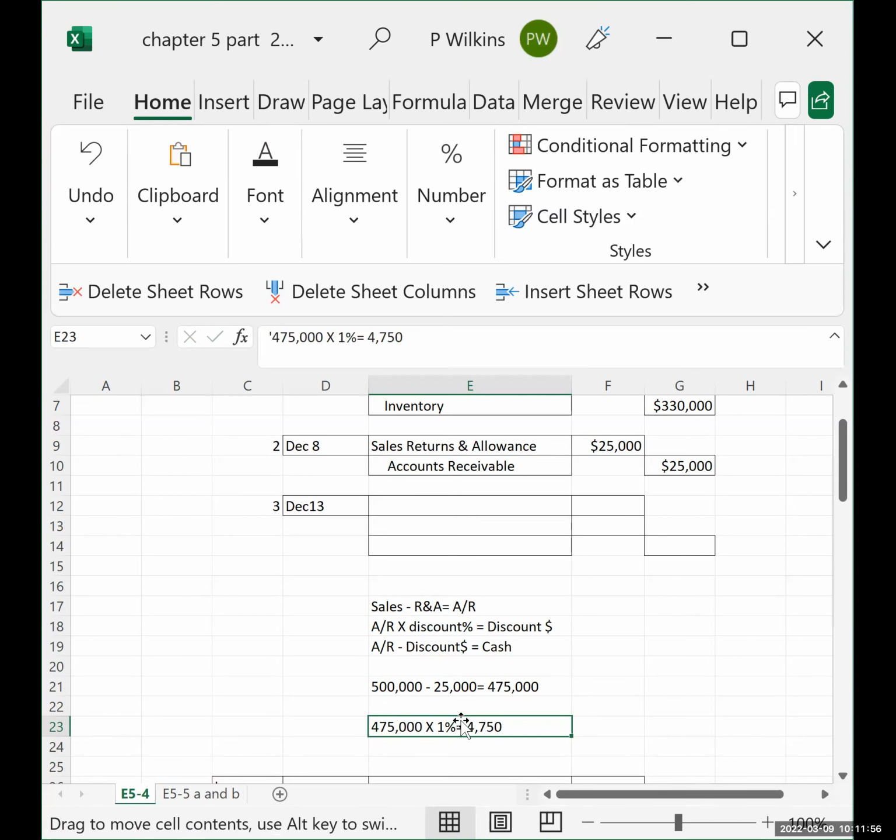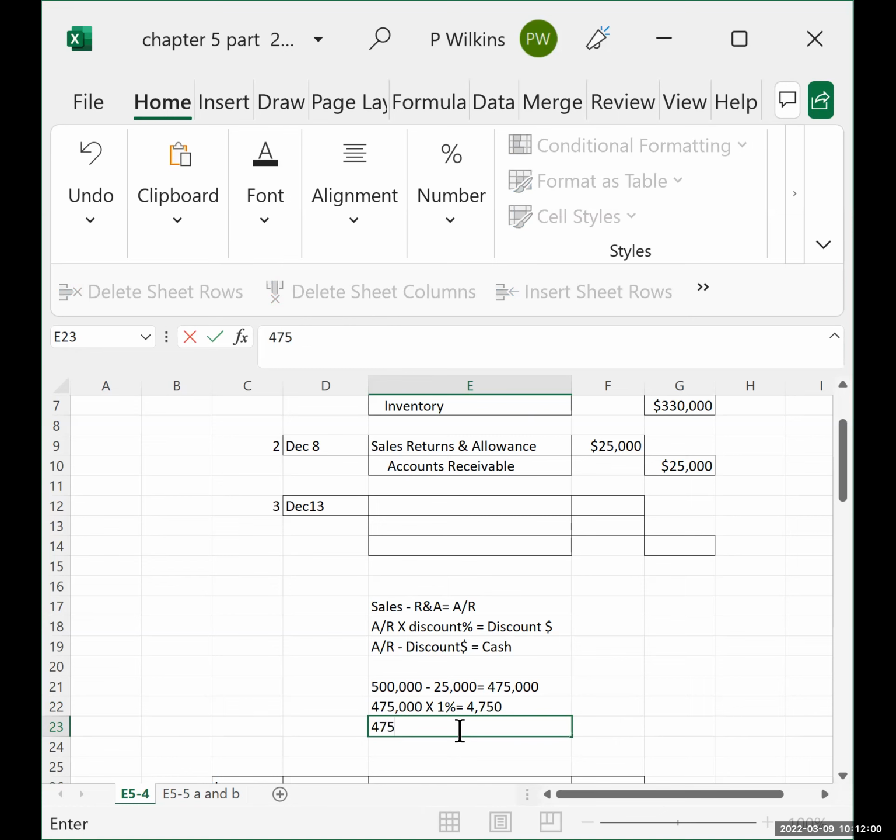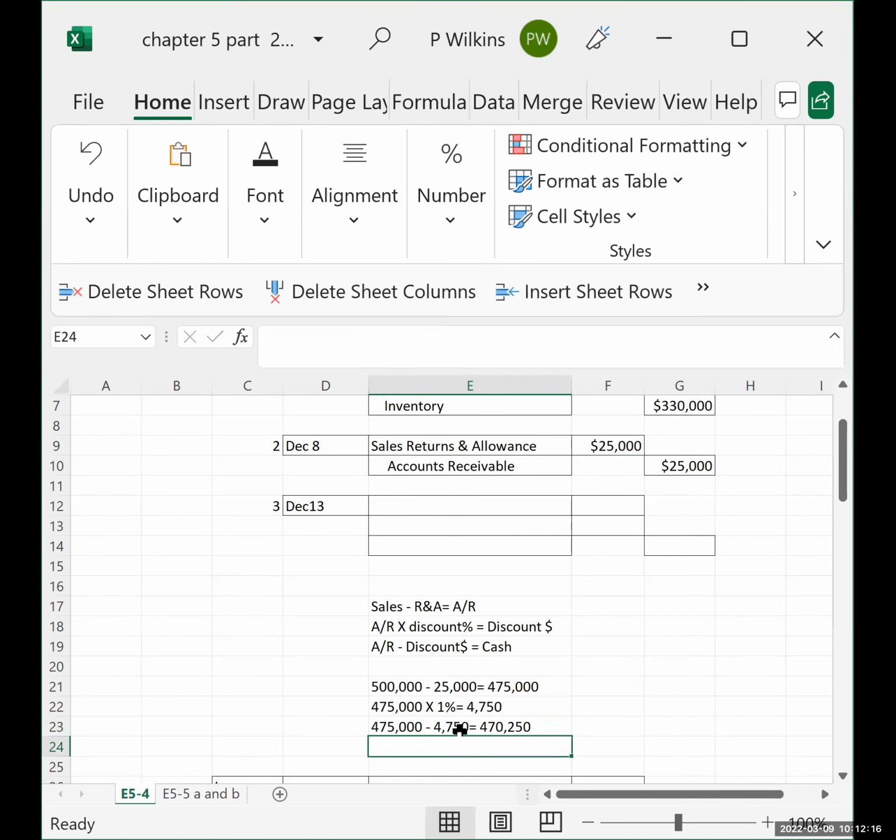Okay, and then we're going to take the accounts receivable number, 475,000, minus the discount dollar amount of 4,750. And that's going to tell us how much the customer is actually going to pay us, $470,250. Okay. So now we have all the numbers we need to do the entry.